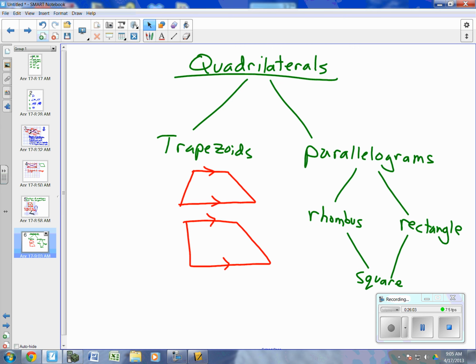So you guys, a trapezoid has one pair of parallel sides, just so you know. A parallelogram has both pairs of opposite sides parallel. A rhombus is a parallelogram because it goes under the heading of a parallelogram, so it holds all the properties of a parallelogram. But in addition to that, a rhombus has perpendicular diagonals, right?